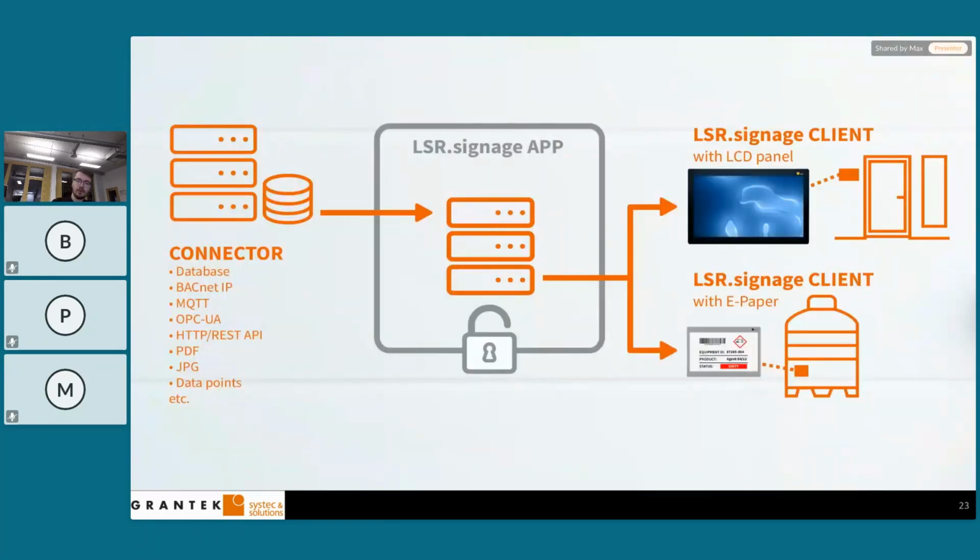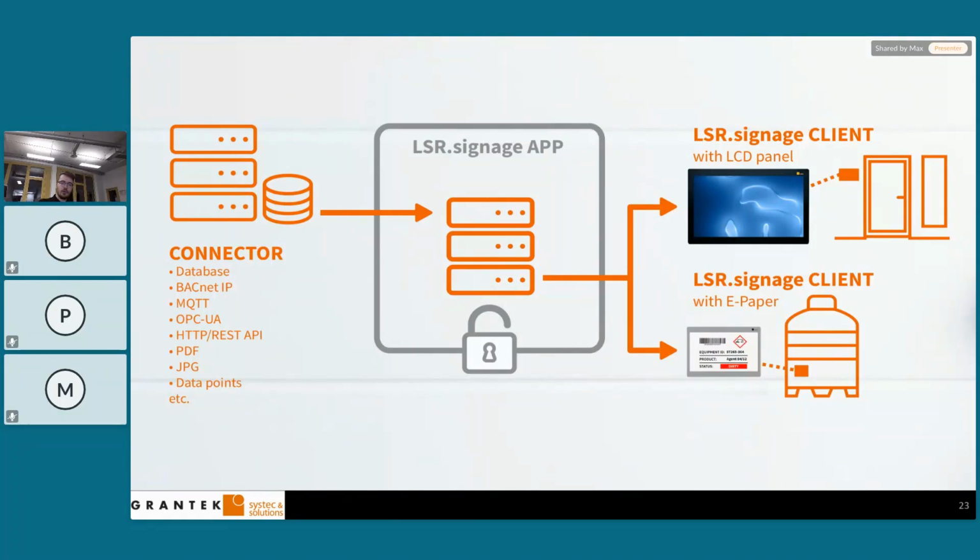Here you see a little bit of an abstract overview of our LSR signage application. The LSR signage app is a little bit like the middleman between HMI clients and your validated data sources.